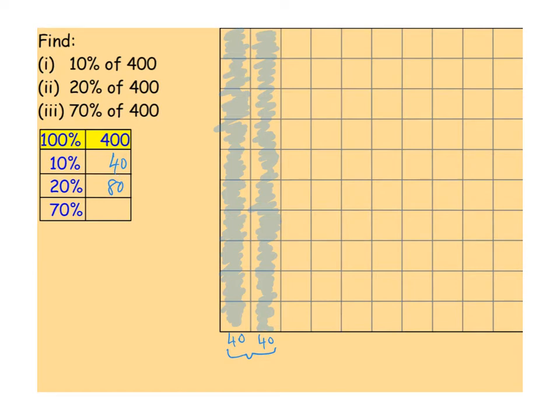And then we can do exactly the same thing for the 70%. We'll need 7 columns in total, so in fact, let's shade it a bit quicker. So we've got 3, 4, 5, 6, 7 columns. So I'll shade all of this in.